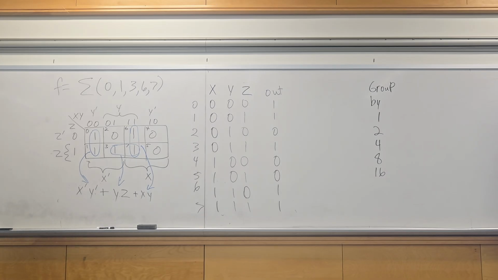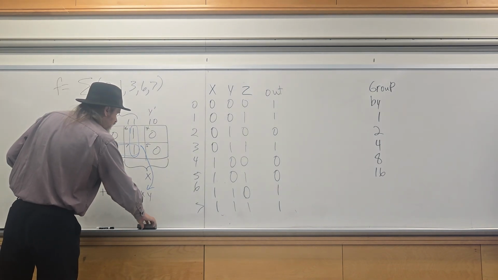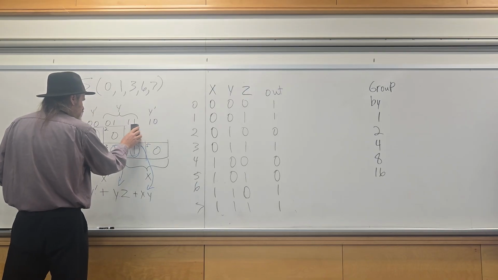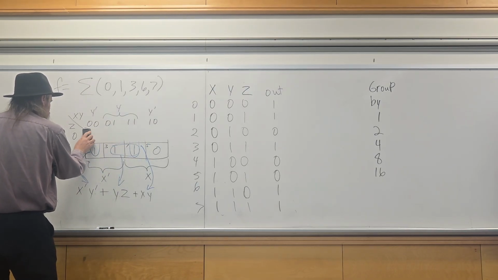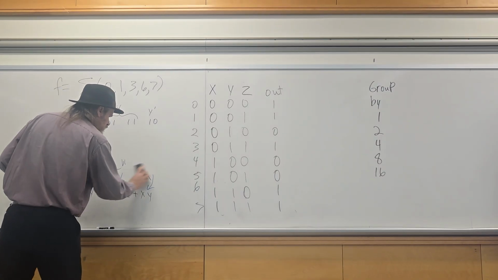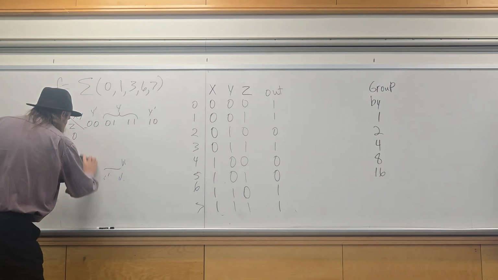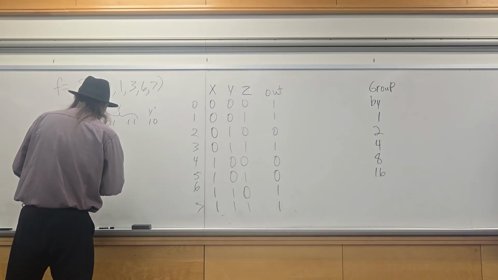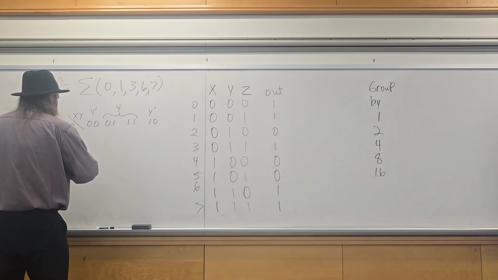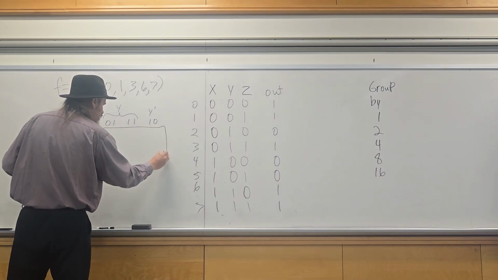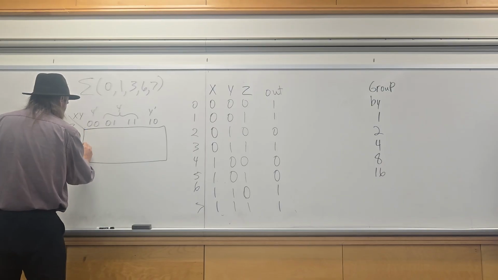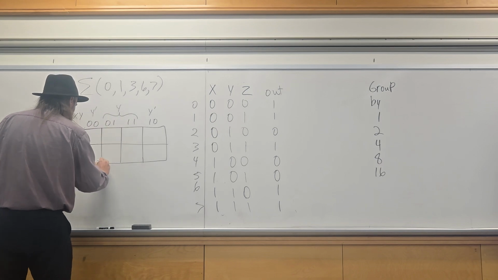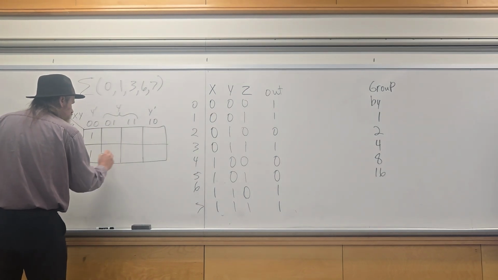Now let's look at a slightly different one. I'm not going to bother with a truth table on it. Keep that the same. And I'm going to do 1, 1, 1, 1.